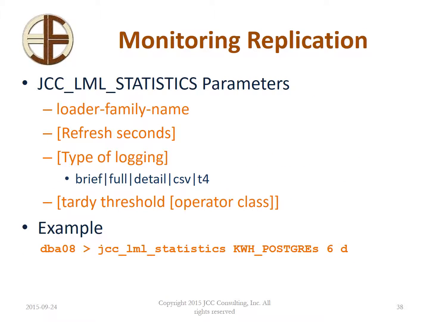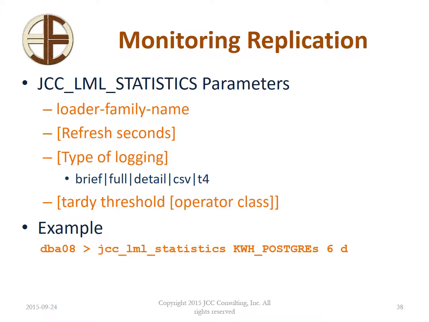Once you have a loader session up and working, you can monitor it with the LML statistics command. It takes a number of parameters: the loader family name, the refresh seconds, the type of logging, and you can also notify an operator class, a VMS operator class, if things are running long.